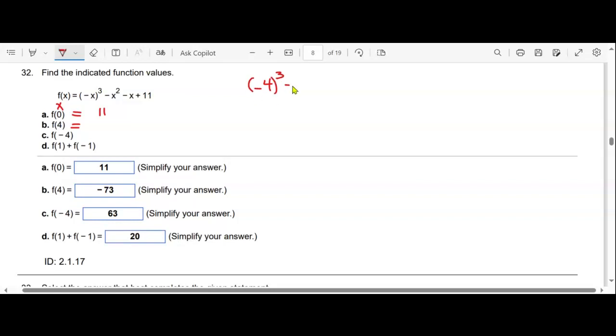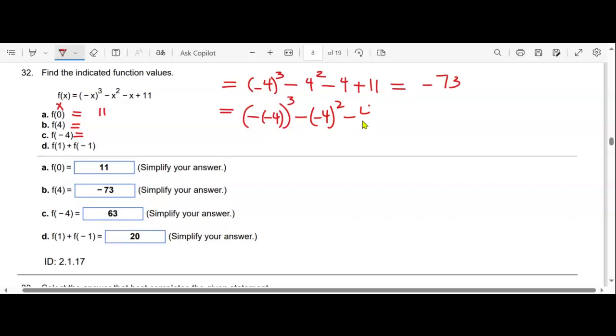Negative 73. If you put negative 4, what's the answer? Will be how much? 63.